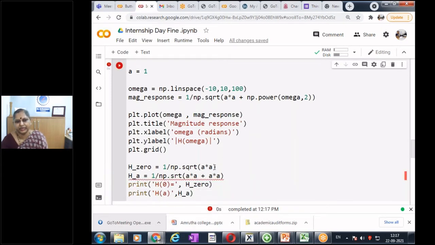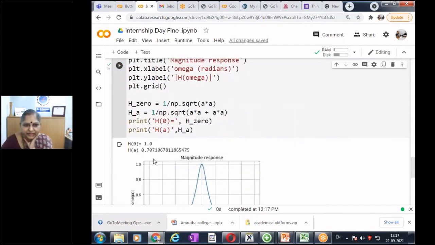When A equal to 1, what's the np.sqrt? Yes. So what we get? The value at H of 0 is 1, H of A is 0.707. Did you get it? 0.707.